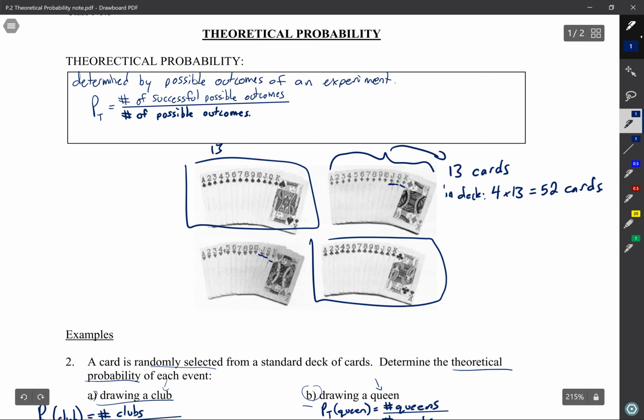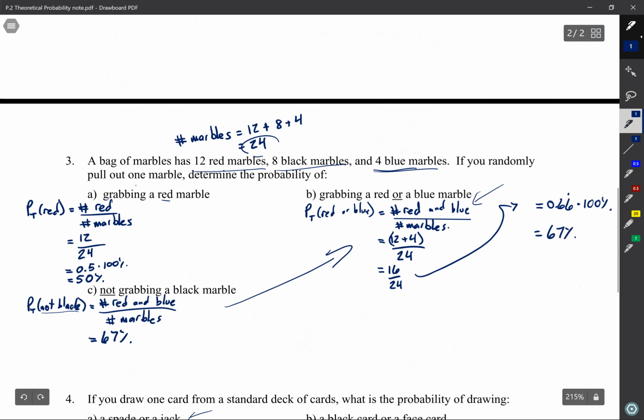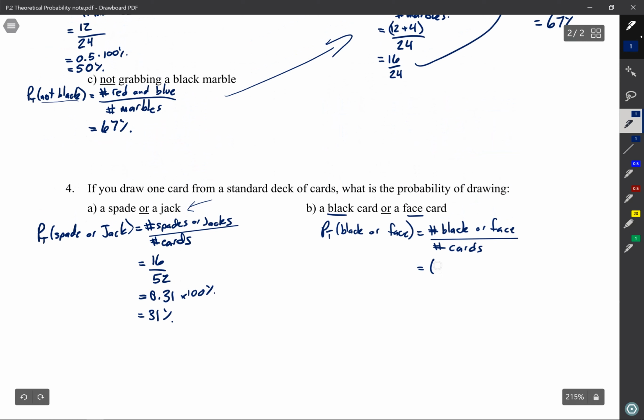So that's 13 here, and 6 face cards. So I can write that all down in here, 13 plus 13 plus the 6 face cards, divided by the number of cards, that's 52. And 13 plus 13 plus 6 is 32 divided by 52. And if I plug that into my calculator, I get 0.62. Multiply that by 100% equals 62%.